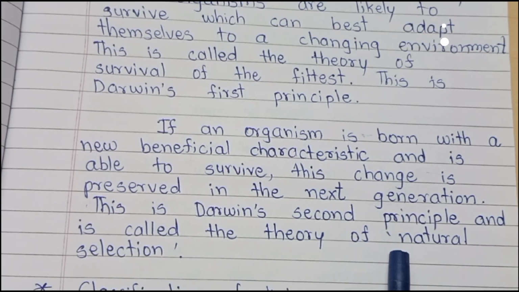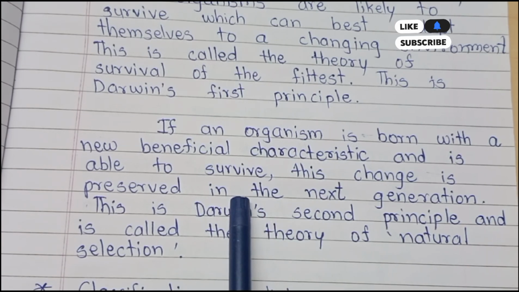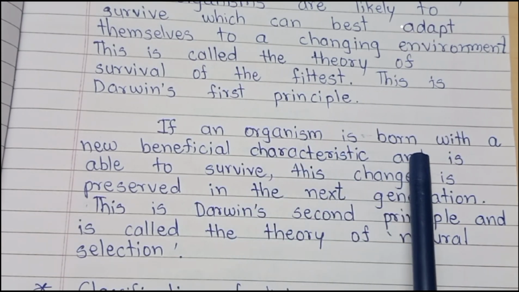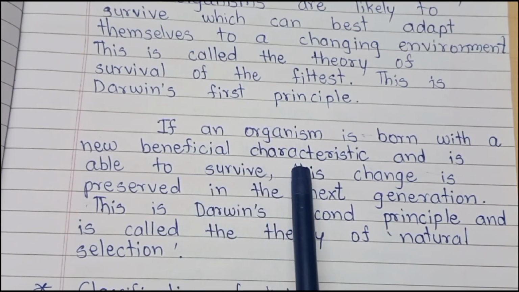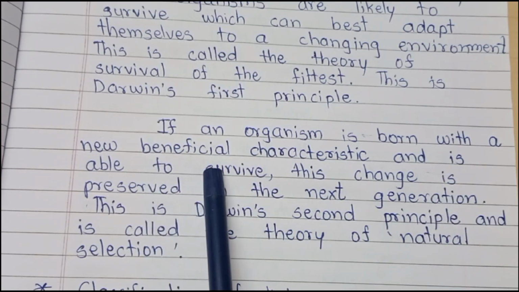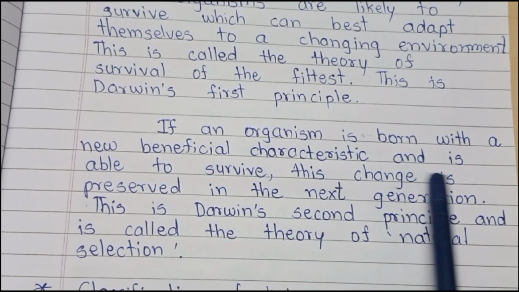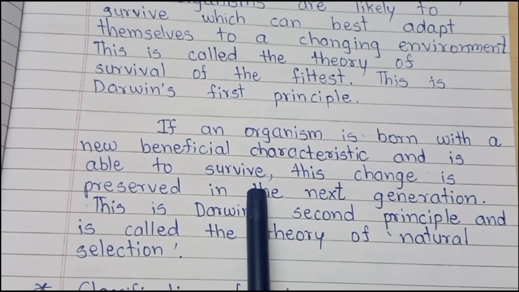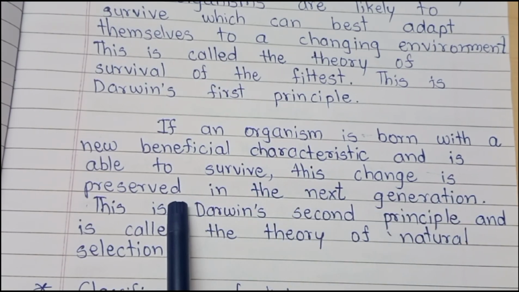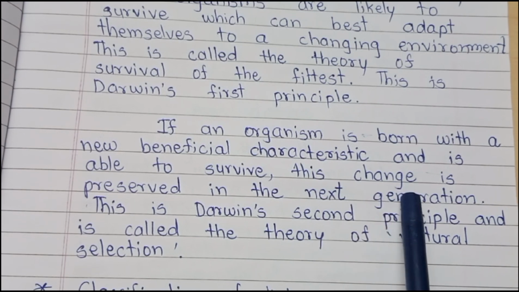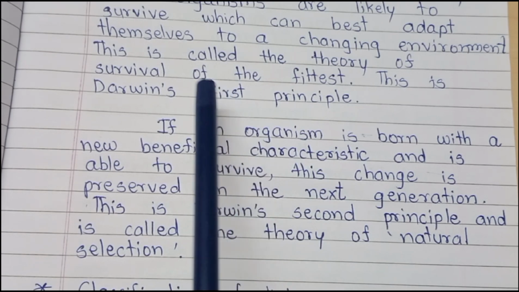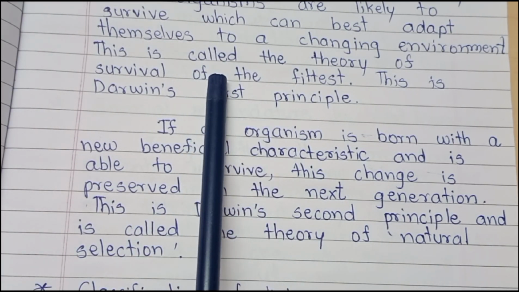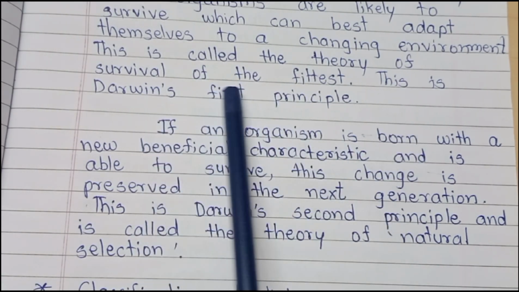If an organism is born with a new beneficial characteristic and is able to survive, this change is preserved in the next generation also. This is the second principle. And the first principle is called the theory of survival of the fittest.